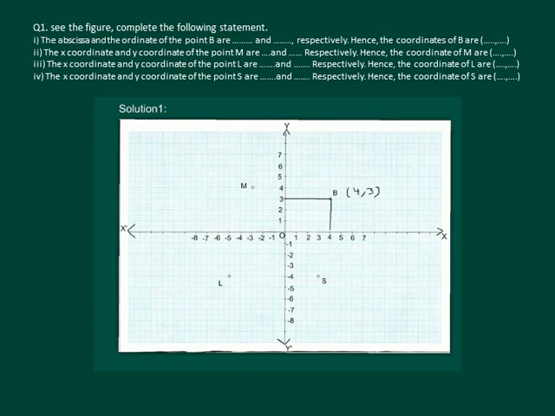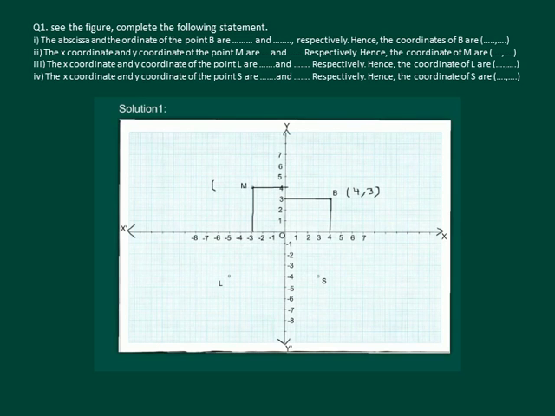Next, according to the question, we have to find the x-coordinate and y-coordinate of the point M and hence the coordinates of point M. Again, we draw the perpendiculars from M on y-axis and x-axis and find that distance of point M from y-axis is -3.